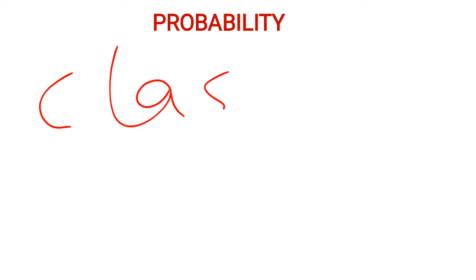So this means that if a student is selected at random from the class, what is the probability that he complained of malaria? So we have two things here, two references.